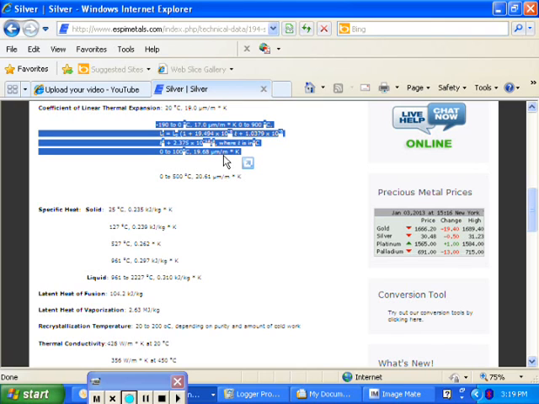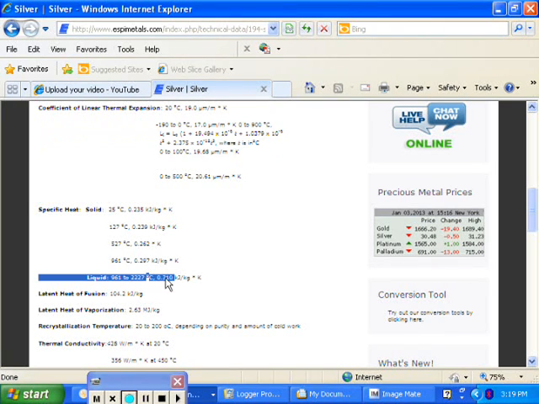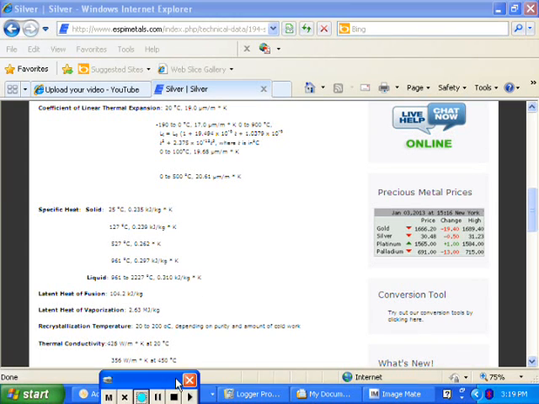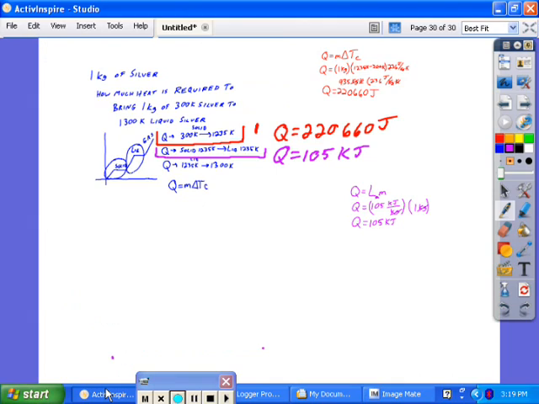Now, the specific heat of the liquid is 0.310 kilojoules per kilogram Kelvin. So I'm going to use another Q equals m delta T C. This time I'll use orange.